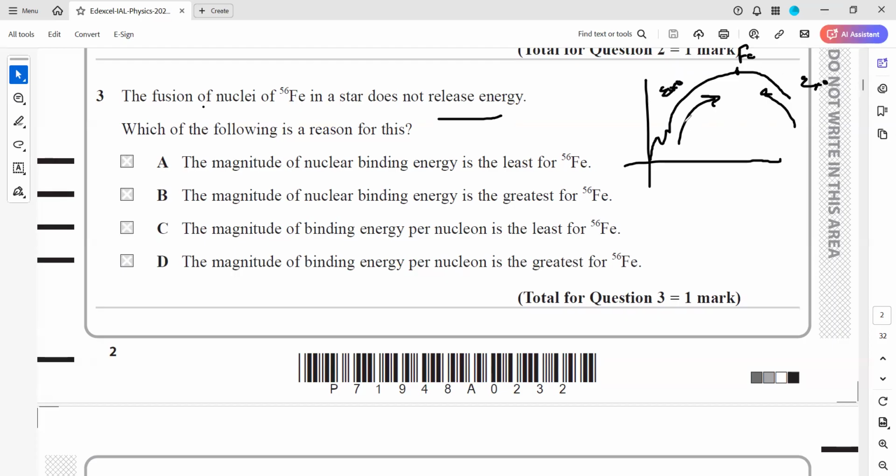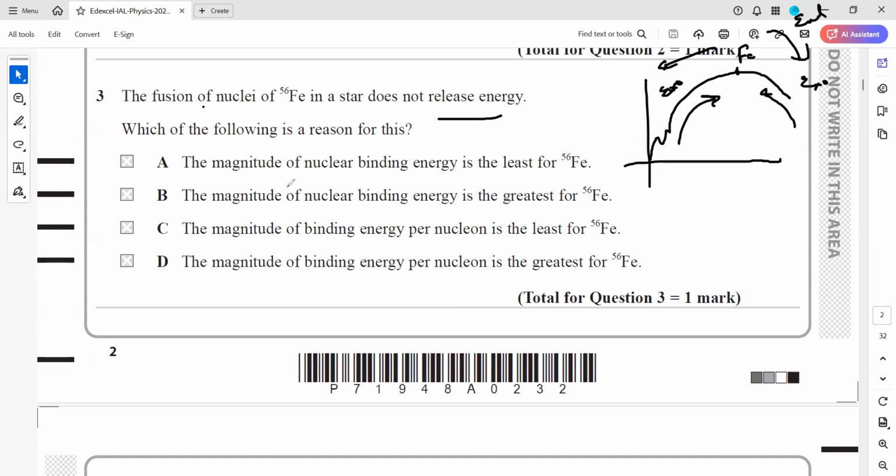If, when one atom changes to another atom, the binding energy per nucleon increases, the reaction will be exothermic. But if the binding energy per nucleon decreases, it means the reaction will be endothermic, like it has to take in energy.